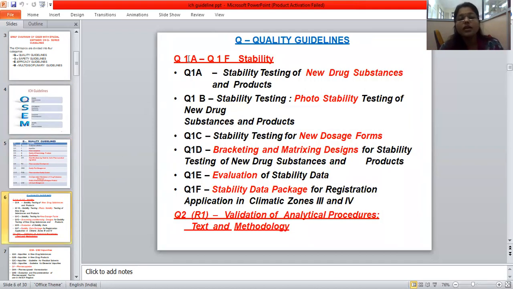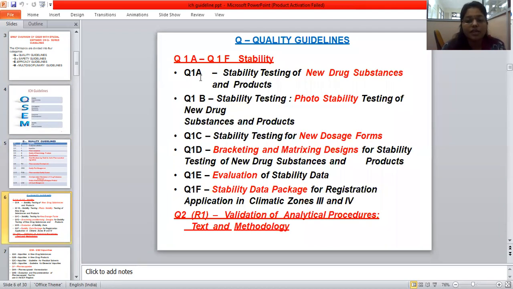Also, in the quality guideline, we have Q1A to Q1F, which is for the stability guideline. In Q1A, we have the stability testing for the new drug substance and product. Q1B is for photostability testing of new drug substance and product.